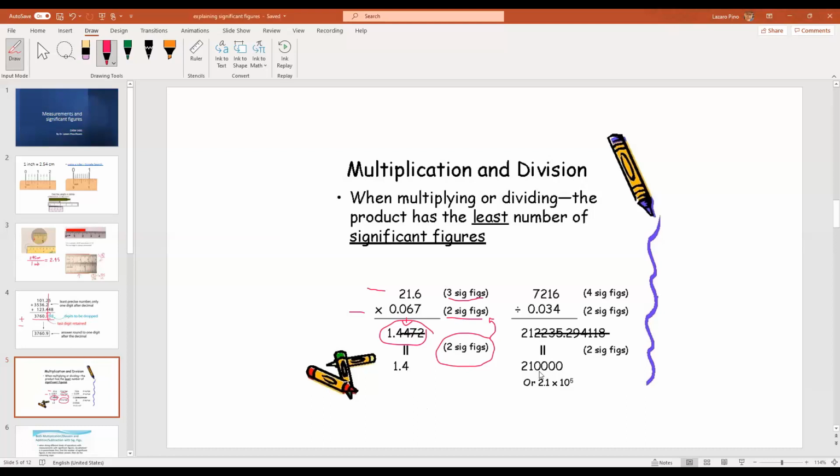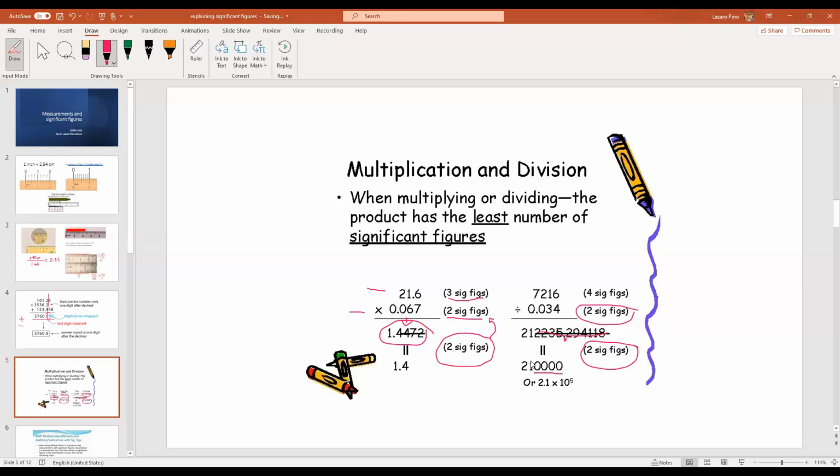This will happen also in division. You are dividing this big number with this small number. This has only 2 significant figures. Then you have to report in your answer 2 significant figures. You have to skip all these numbers, but the decimal point is here. So you have to fill these spaces with zeros.